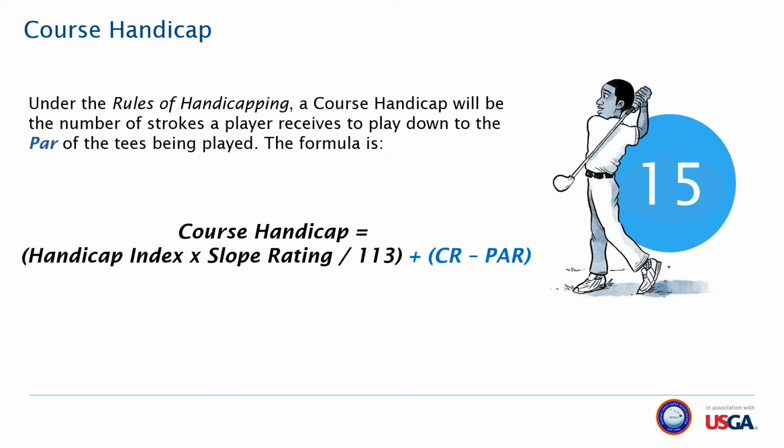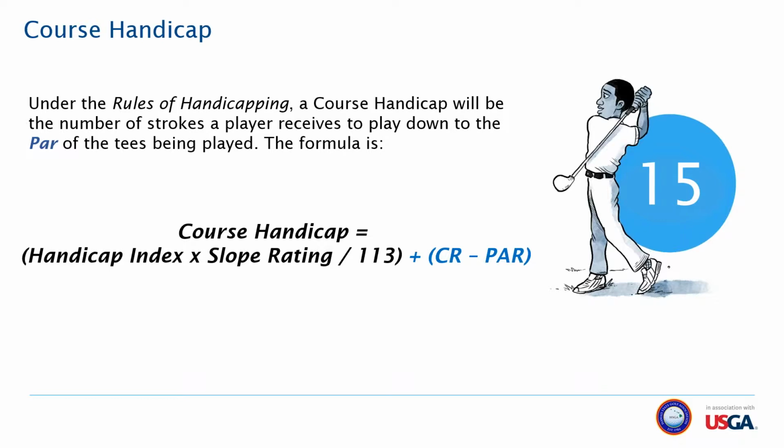So for the course handicap, under the rules of handicapping, course handicap will be the number of strokes the player receives to play down to the par of the tees being played. And that formula is: course handicap equals the handicap index times slope rating divided by 113, plus the course rating minus par.